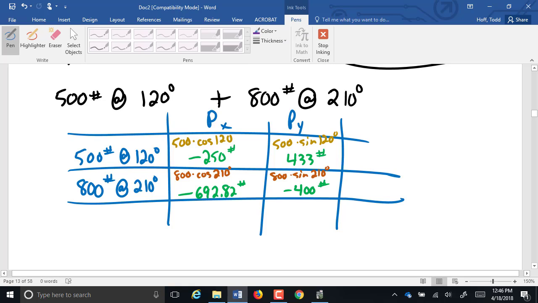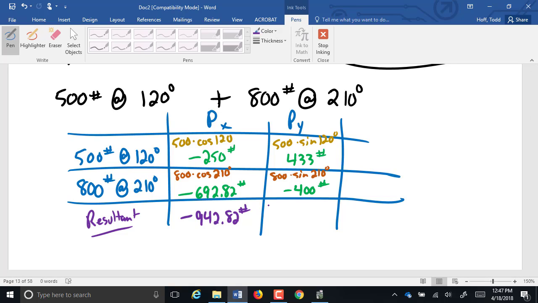Now I do have to be careful with my signs here. My resultant here, I have negative 250 and negative 692, which is going to be negative 942.82 pounds for the horizontal. I have 433 and negative 400. That's going to be positive 33 pounds for the vertical.